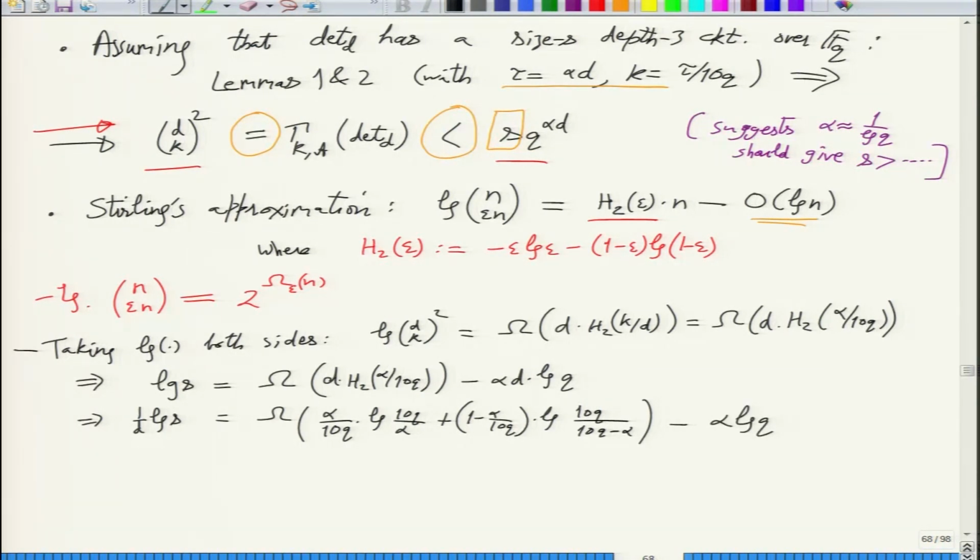Right, so many things here are actually unimportant. What is important is just if we can make sure that this part, so think of this as the main part. If this main part is large enough, right, then the main part will be able to compensate for this error term, which is minus alpha log q.